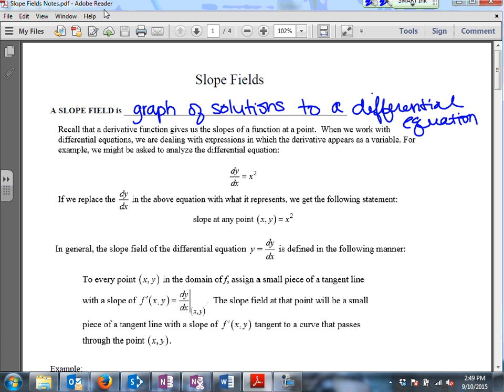So, as you recall from last semester, you are going to get a differential equation, dy dx equals x squared, and we are going to take coordinates and plug them into our differential equation, and draw teeny tiny little tangent lines to represent each of these slopes at different points. That's basically what that is saying, right?